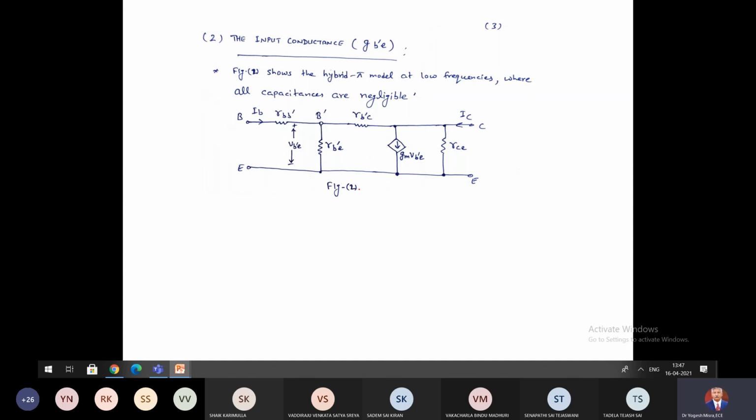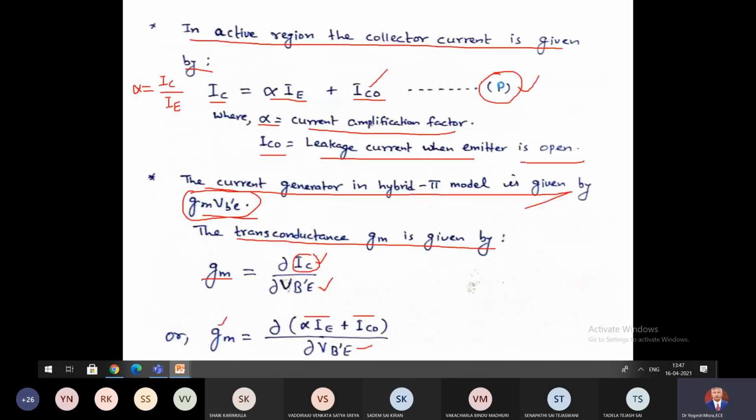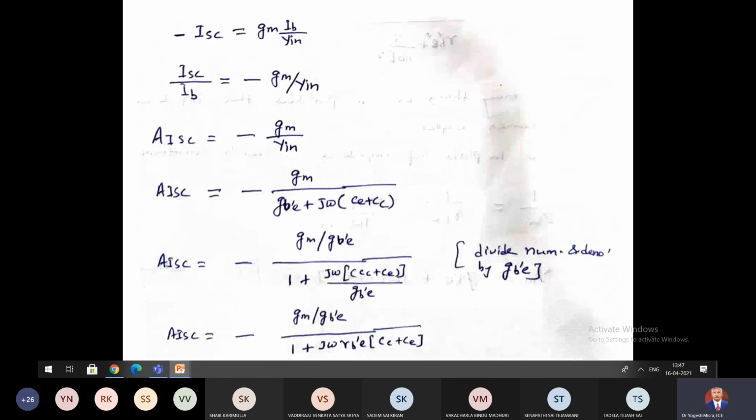So see, this is figure 2. Figure 2 shows the hybrid pi model at low frequency. If you see the hybrid pi model, then you will find the model like this.